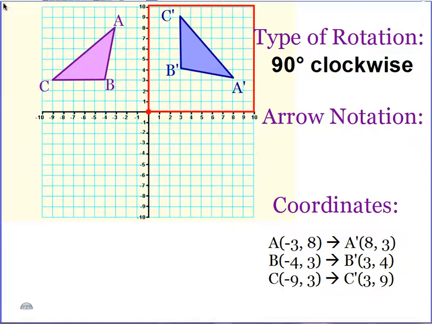So in our arrow notation, we're going to kind of bring that to light. R is going to stand for rotation this time, and we're going to take every value x, y and we're going to switch the order so that our new point has our old y value first and our old x value, including a sign change, second. And again, that's what happened with every single point from pre-image to image in our 90-degree clockwise rotation.